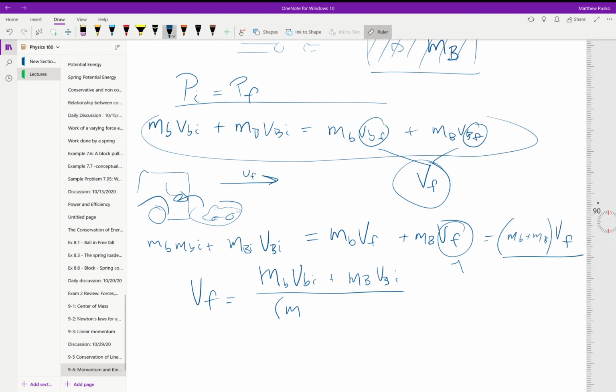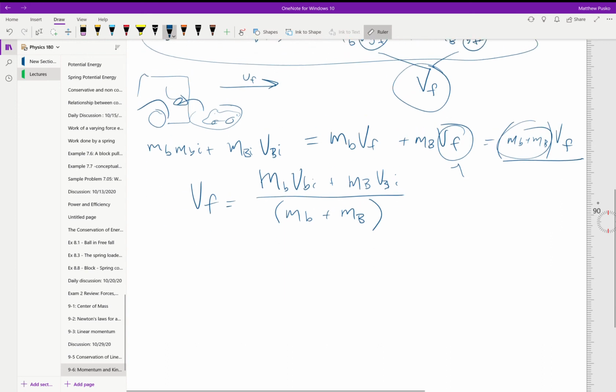Like that. So when I divide through by this term, I get the mass of the bullet plus the mass of the block. And that was just for that case.